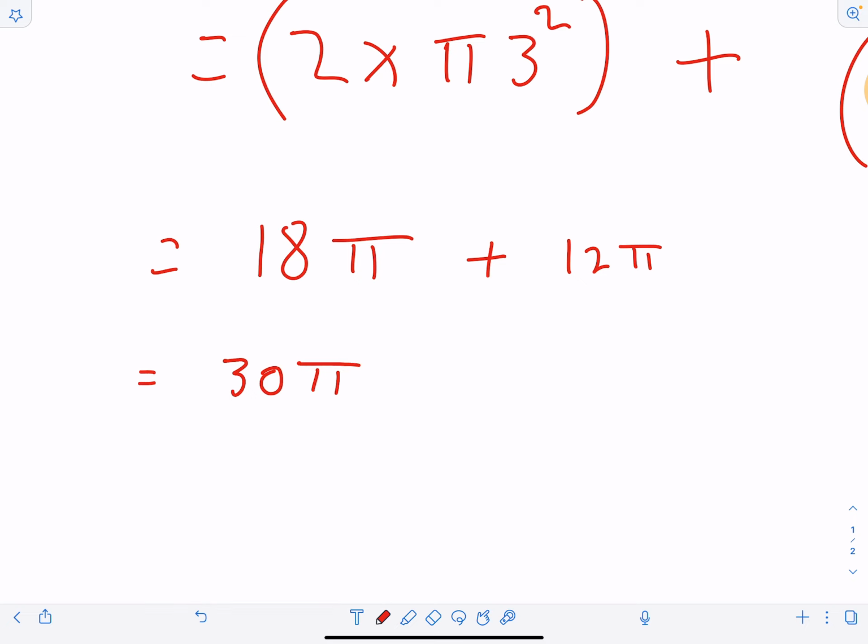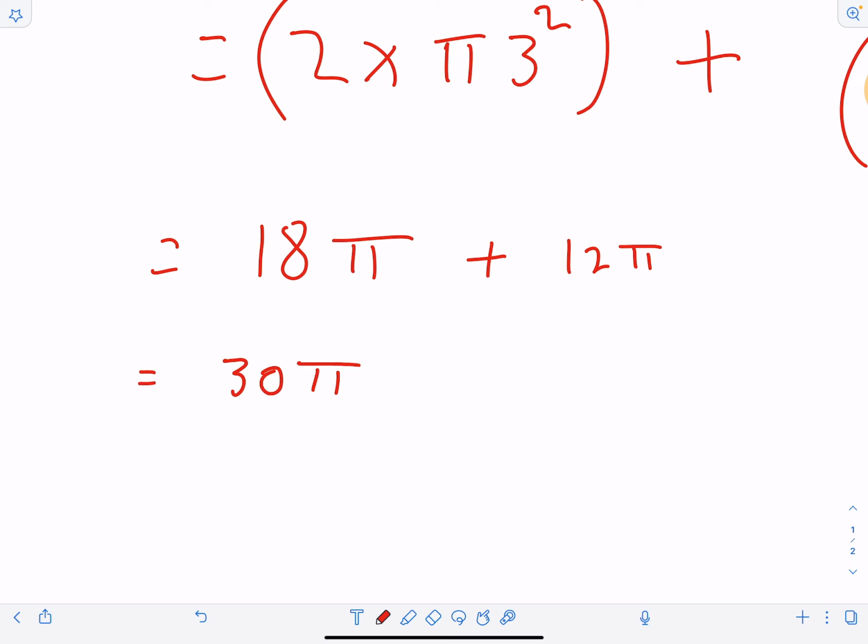Now what we need to do is use our calculator, and we put in 30 pi.